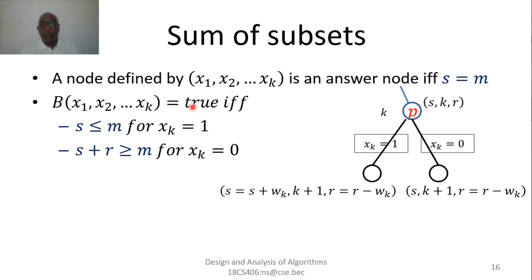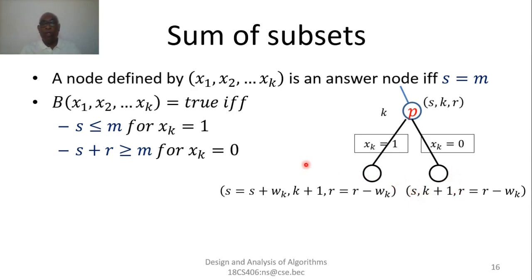It returns true if S is less than or equal to m at the node xk equal to 1. So the bounding function only looks for whether S is less than or equal to m at the node defined by xk equal to 1. And at the node defined by xk equal to 0, the bounding function looks only for the condition S plus R is greater than or equal to m.